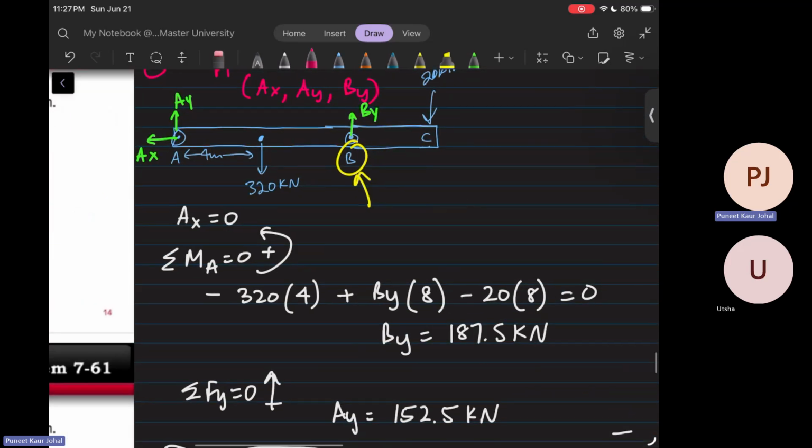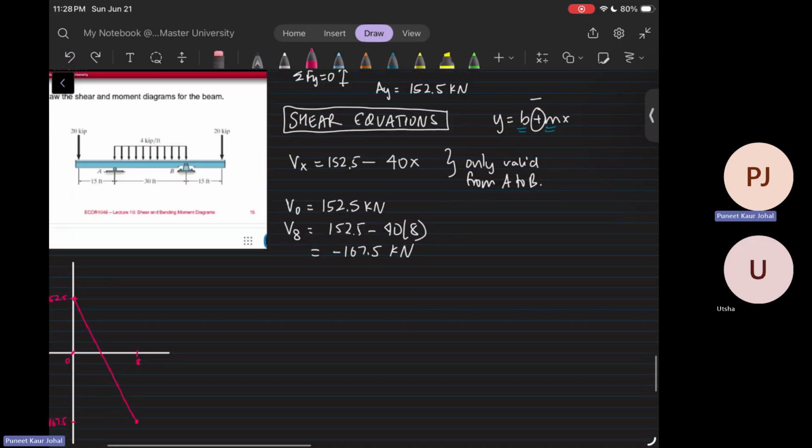So at 8, let's say when we calculated, it's right before the point B, before we account for this BY reaction. At X equals 8, you got this, but then the BY reaction is also added.